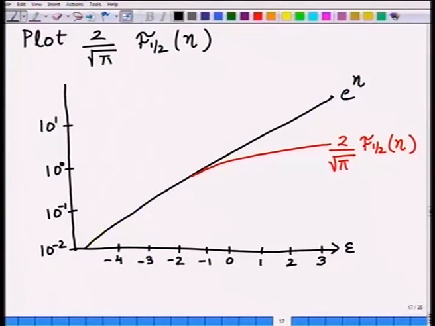The black one is a straight line, of course, because e to power eta when taken log will become a straight line. What do we see?